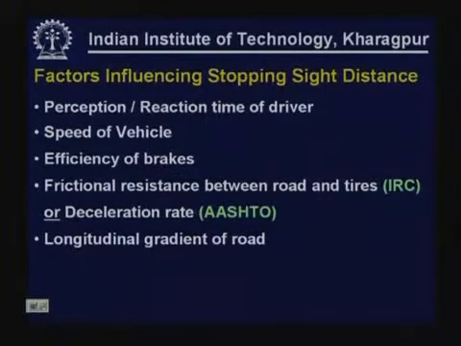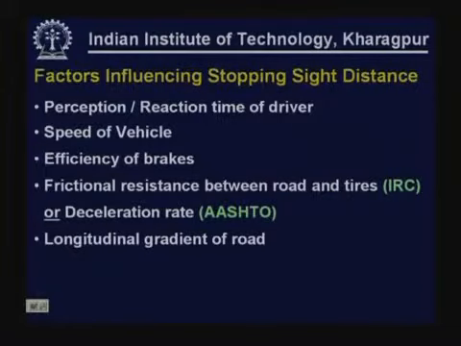Let us try to see what are the factors affecting stopping sight distance. Number 1, perception reaction time of driver. 2, speed of vehicle. 3, efficiency of brakes. 4, frictional resistance between road and tires or deceleration rate.